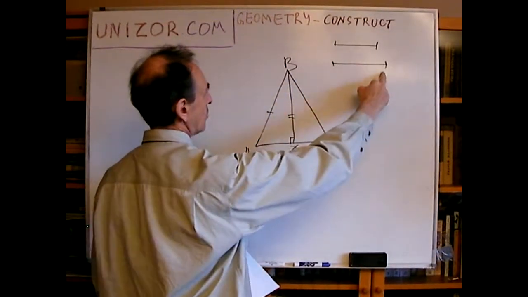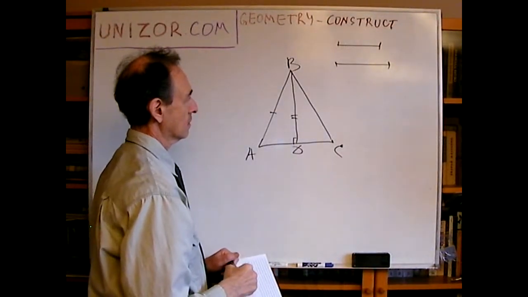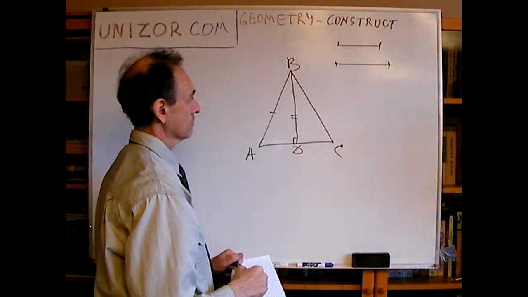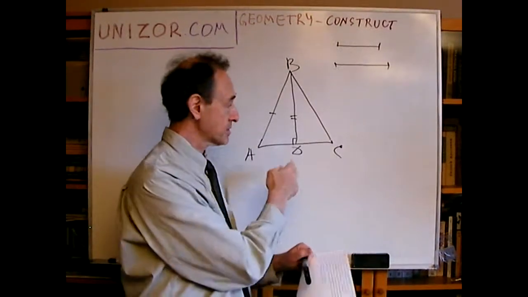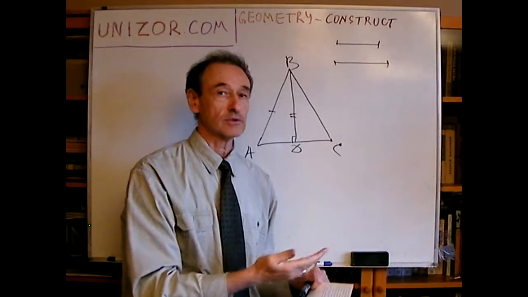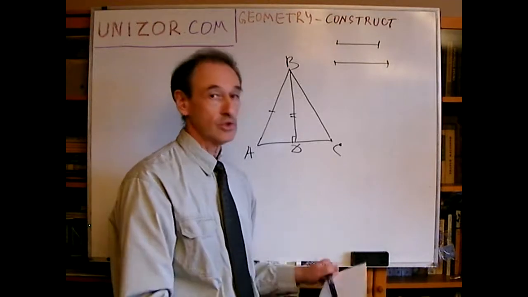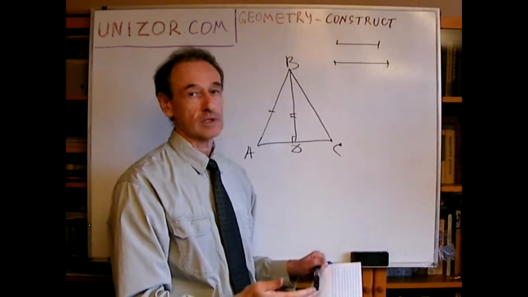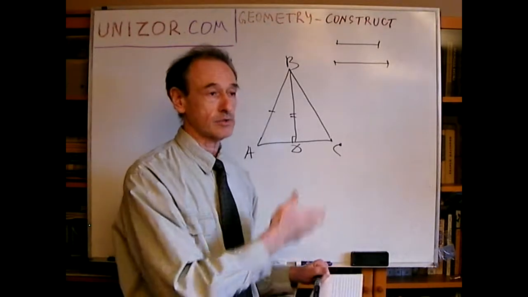So this is hypotenuse, this is the catetus. Now, I have already done, before this particular problem, a couple of other construction problems related to right triangles. I've done that already. So I'll just use basically what I have already done. I know that I can construct right triangle by hypotenuse and catetus.